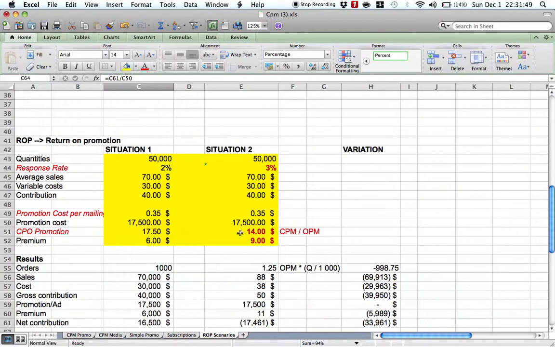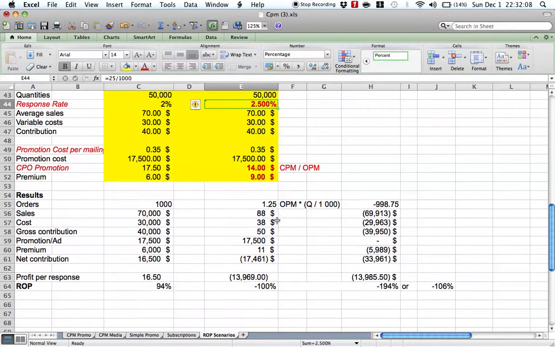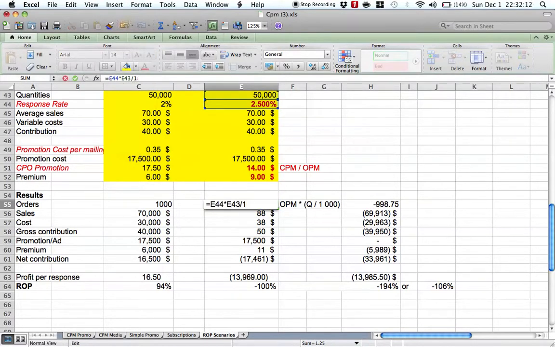Then there's situation 2, when we have subject line B, we see a higher response conversion rate. Well, not 1%, but 0.5% higher in terms of the response rate. Everything is still very self-explanatory here. Orders, again, we have to get rid of the 1,000.